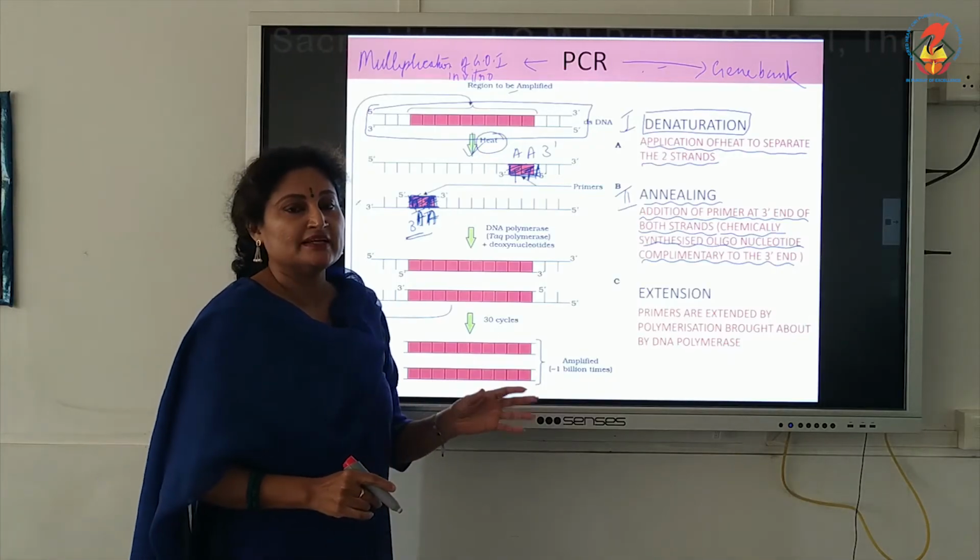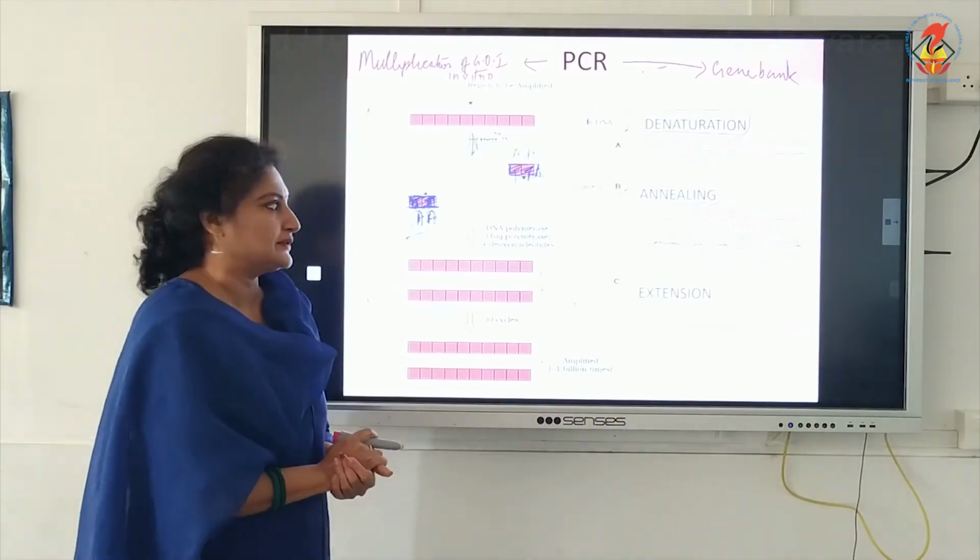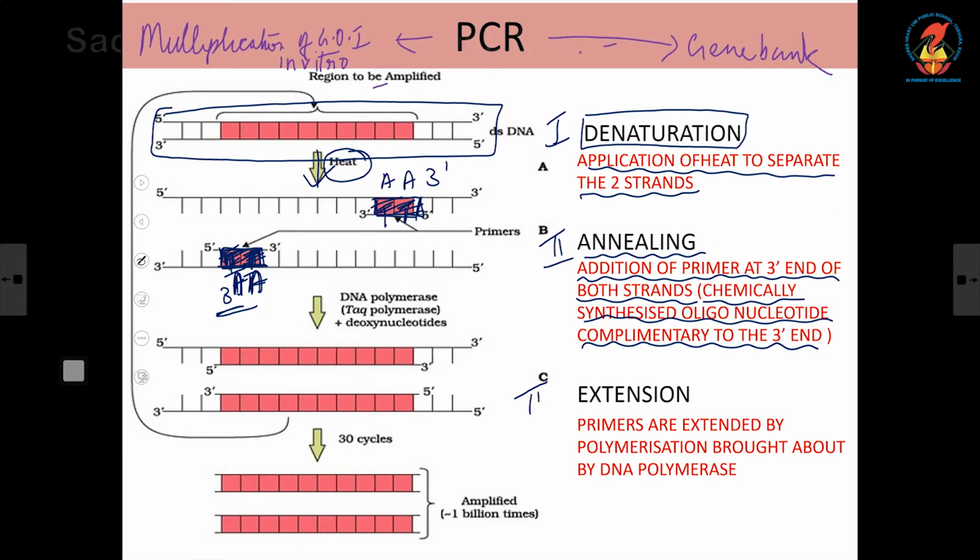That is simply the addition of primer. Then the third step is extension. After the primer is added, this primer should be extended. See, from here it should be extended this side, and from here it should be extended in this direction. Okay. So the primer should be extended. So we have to make use of an enzyme, DNA polymerase or Taq polymerase.